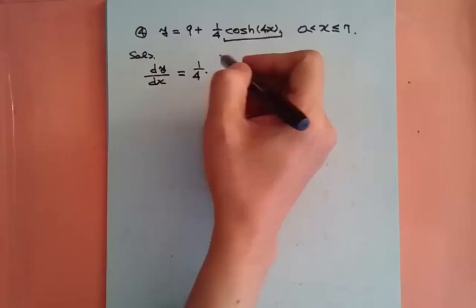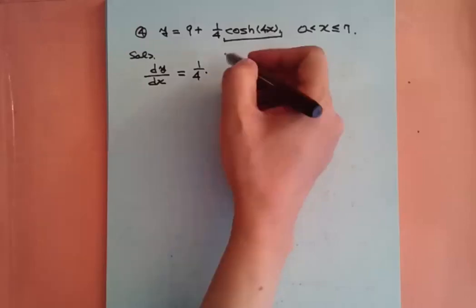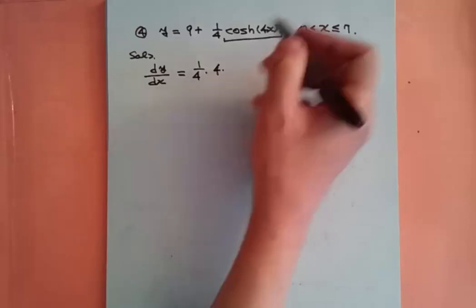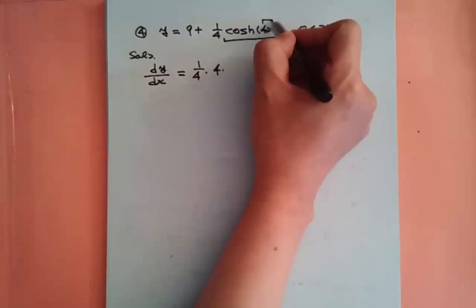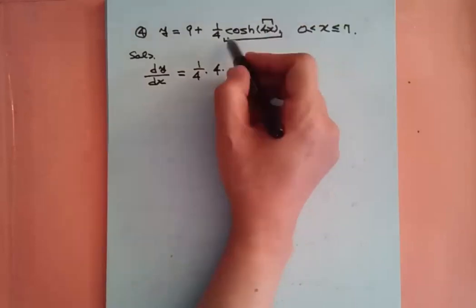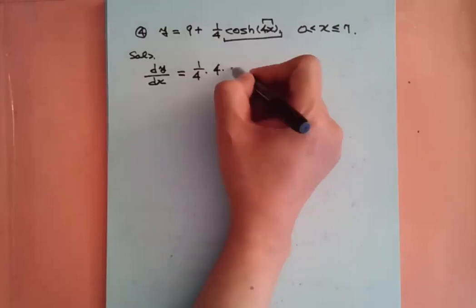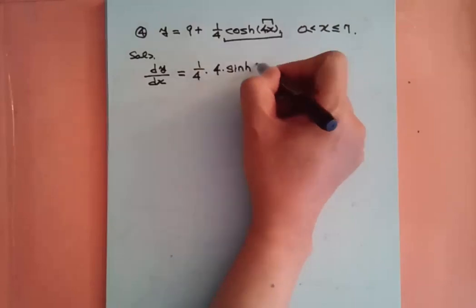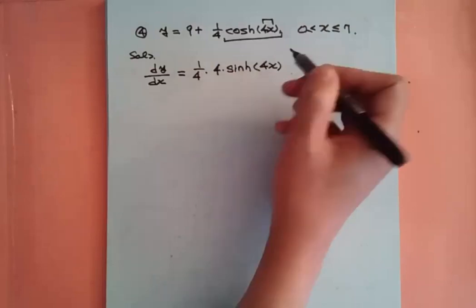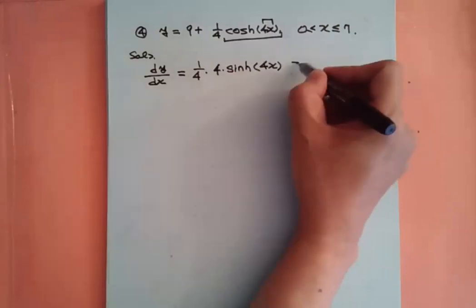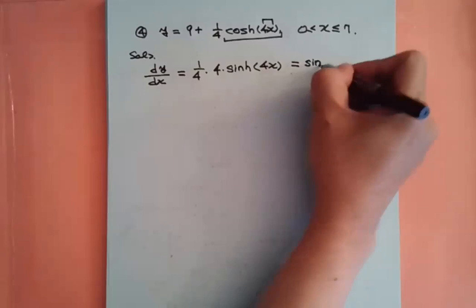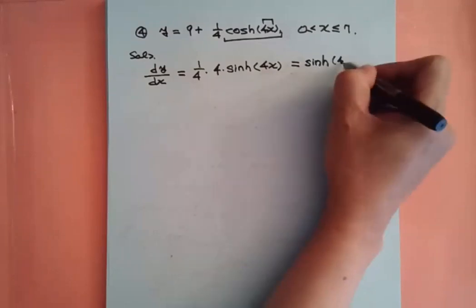So that will produce 4 from the derivative of this part. And if you differentiate hyperbolic cosine, then you get hyperbolic sine. So it goes like this. So we eventually end up getting hyperbolic sine of 4x.